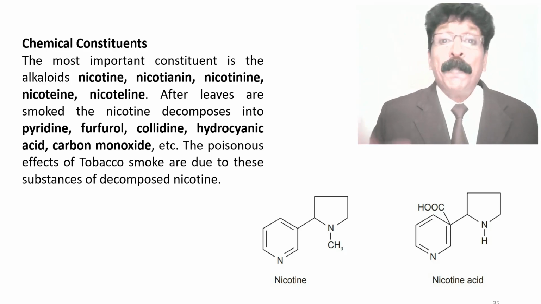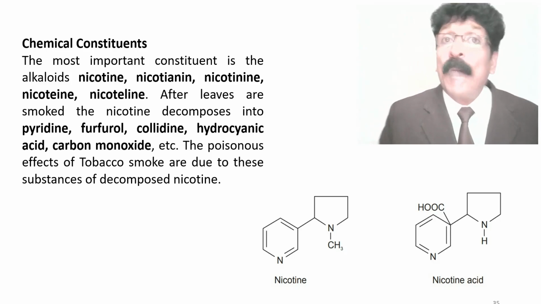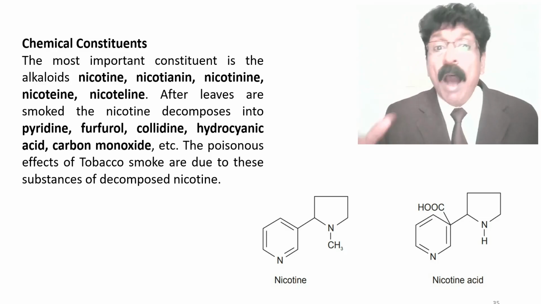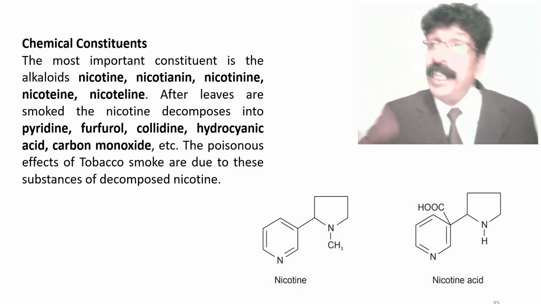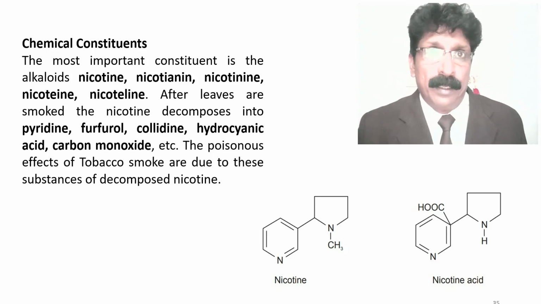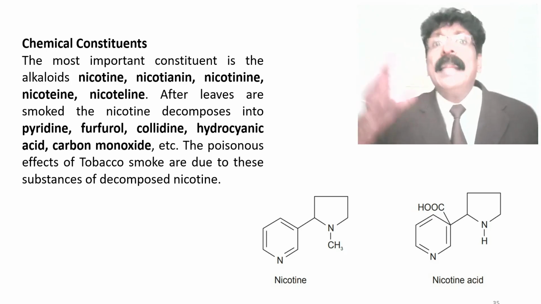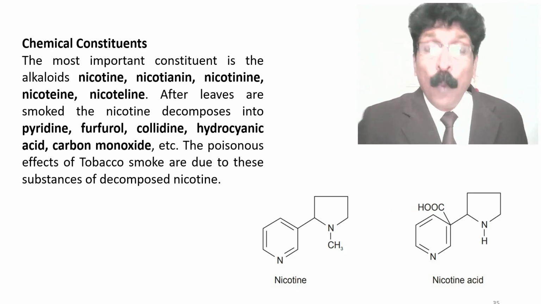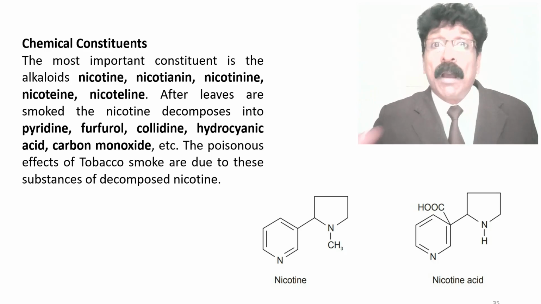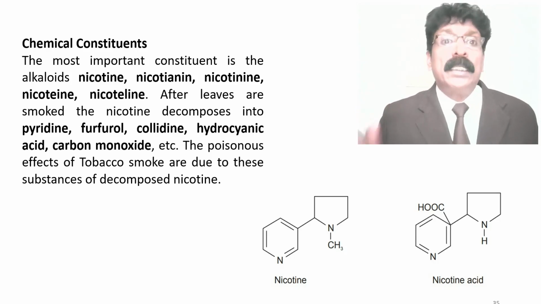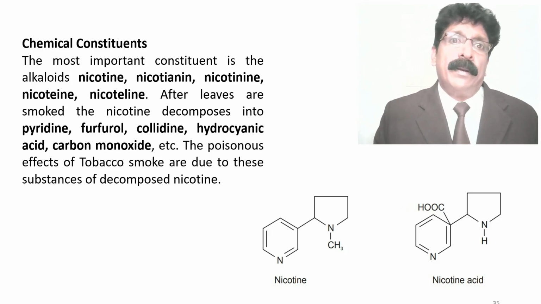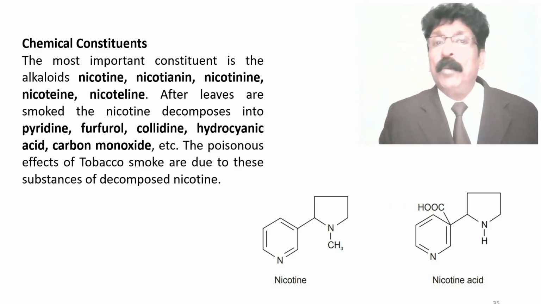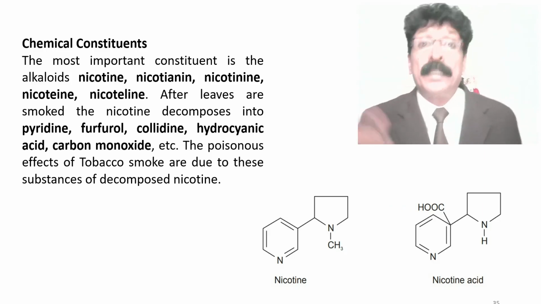The poisonous effects of tobacco smoke are due to these substances of decomposed nicotine. When nicotine is burnt and smoked, it converts even to carbon monoxide, which is very dangerous for the passive smokers standing nearby.